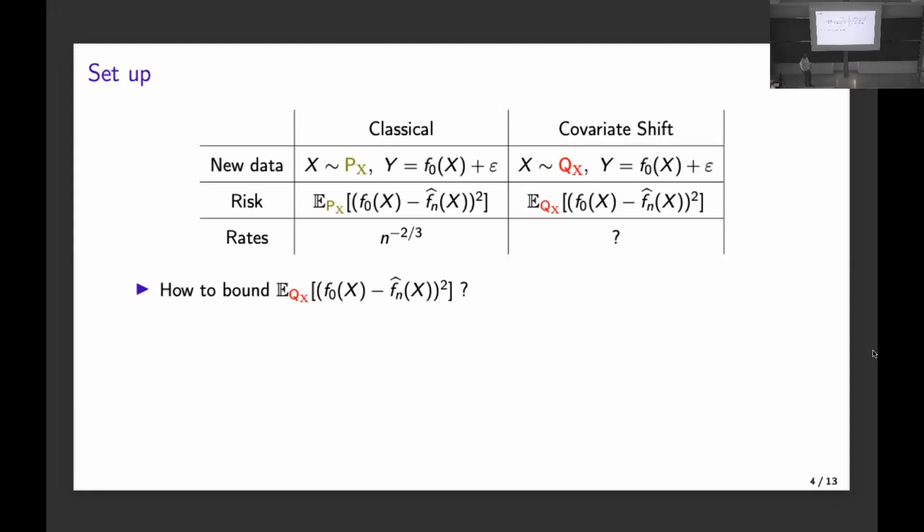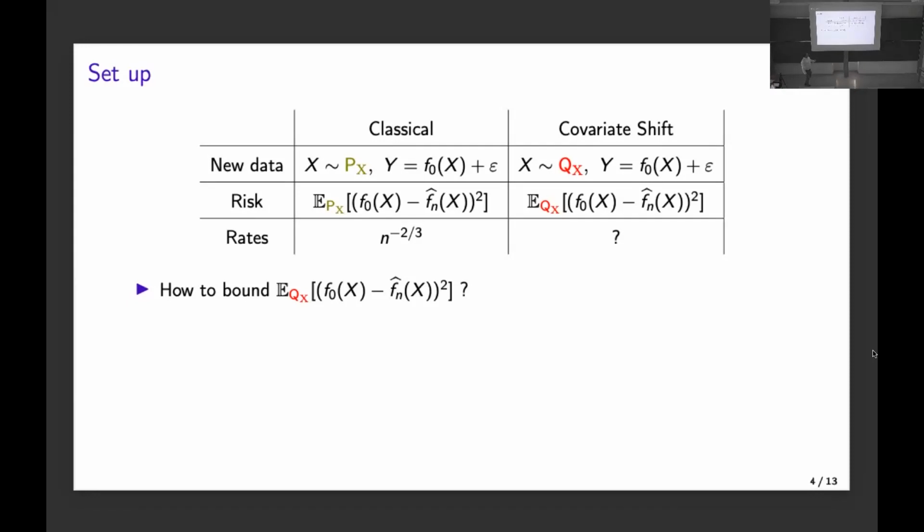Because of covariate shift, we have a new degree of freedom here, which is that the new variable comes from another distribution. One thing worth mentioning is that this assumption of covariate shift means that basically the input and the output variables are linked in the same way, no matter the distribution of the covariates.